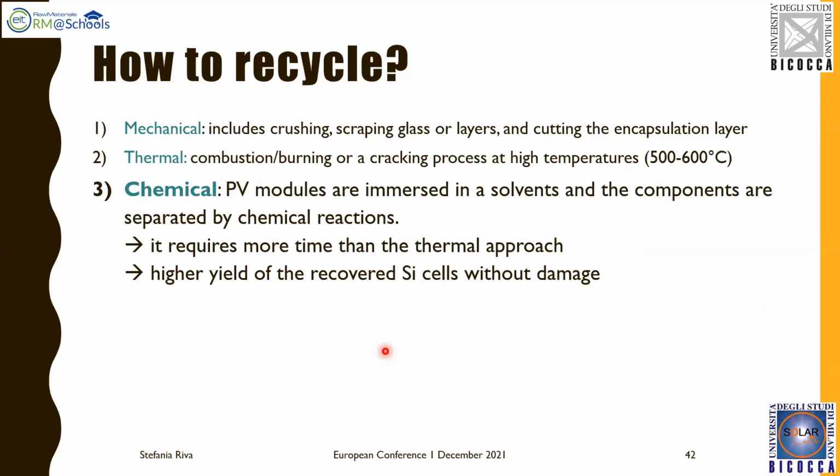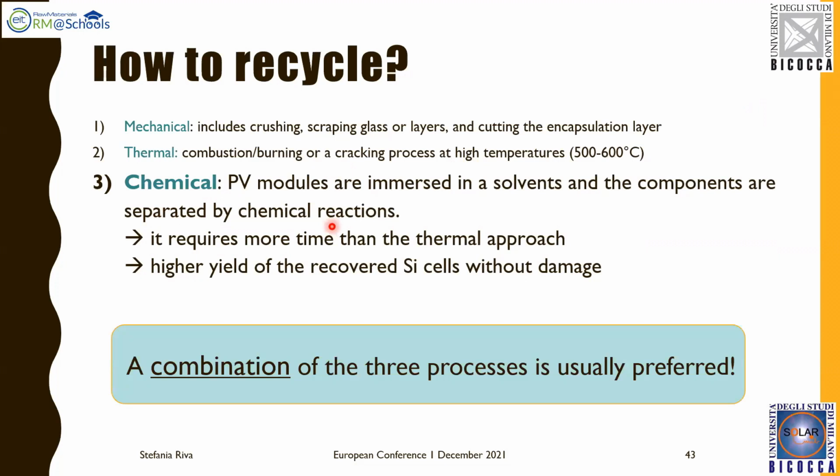The third approach is the chemical one, where PV modules are immersed in a solvent, and the components are separated by chemical reaction. But in general, a combination of the 3 processes is preferred, because the recovery yield is higher.